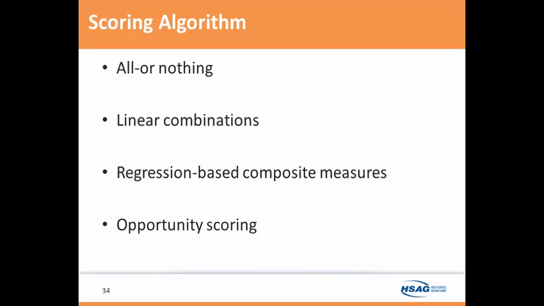We also have opportunity scoring. Opportunity scoring counts the number of times a care process was actually performed, divided by the number of chances a provider has had to give this care correctly. Unlike simple averaging, each item is implicitly weighted in proportion to the percentage of eligible patients, which may vary from provider to provider.